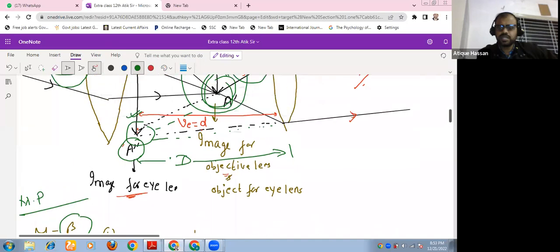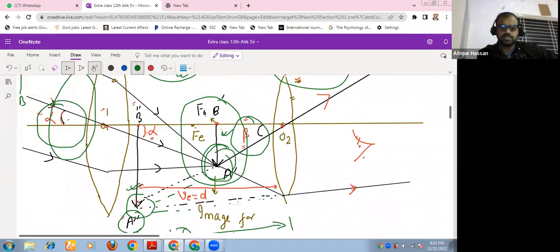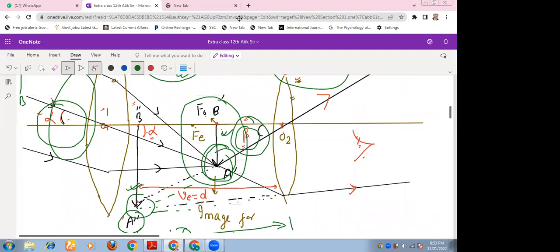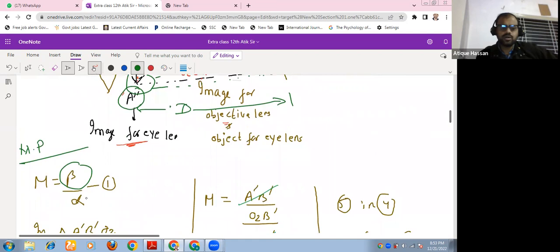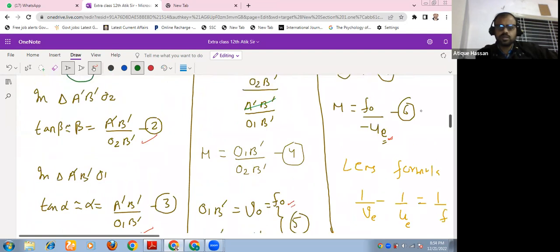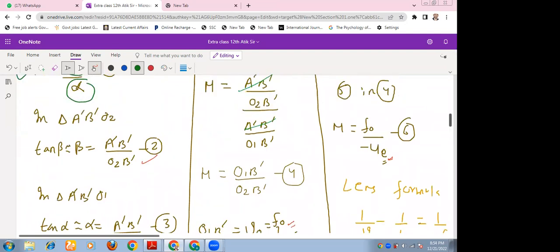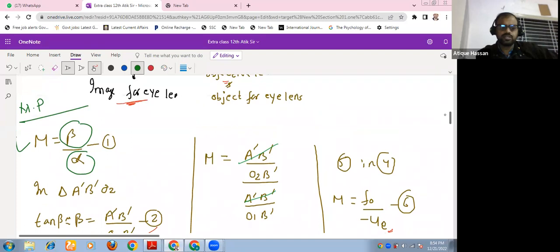So here you can see the angle subtended by the image is beta, and the angle subtended by the object is alpha, right? So we will get the magnification m, that is equal to beta by alpha. Got it? So we will take the ratio of beta by alpha. Now how to find beta and how to find alpha, that is the main thing.